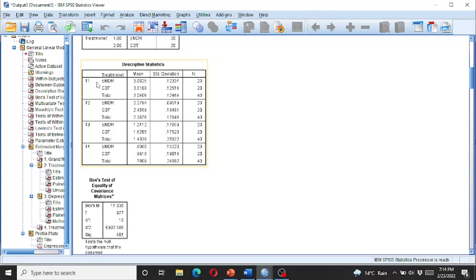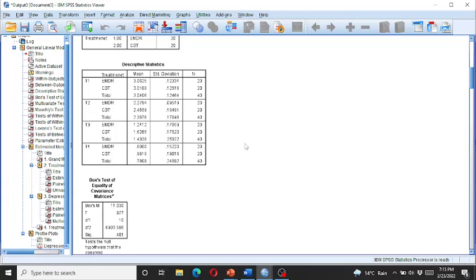We have two types of treatments, that is the EMDR and CBT. And during the time 1, the level of depression was high, as is clear from the mean score. However, during the fourth time, the level of depression was very low. You can see here a very low level, clear from the 0.60 and 0.96.